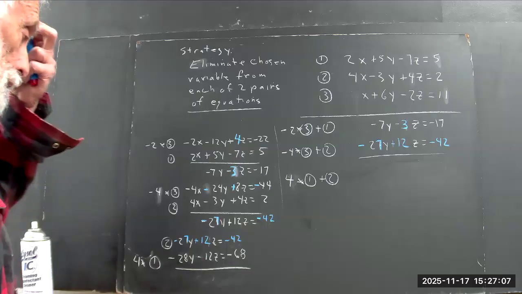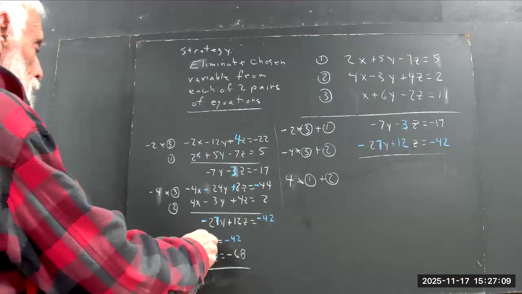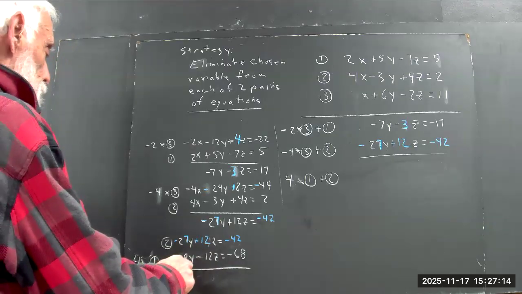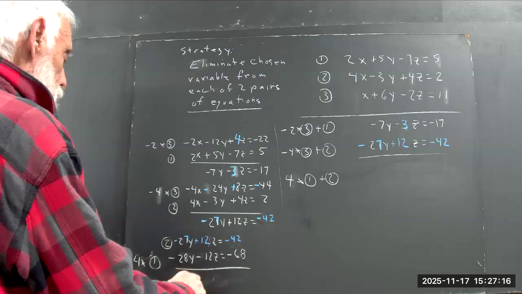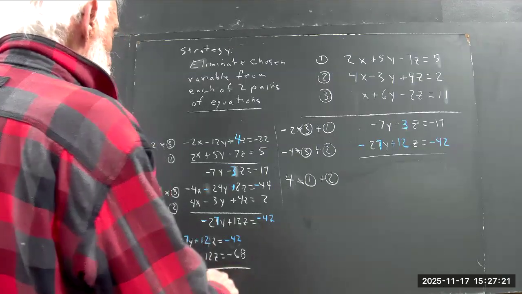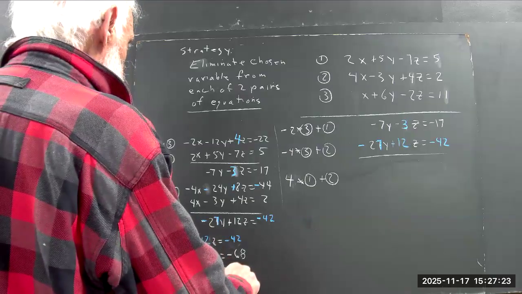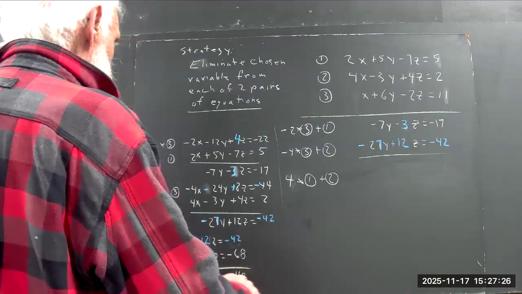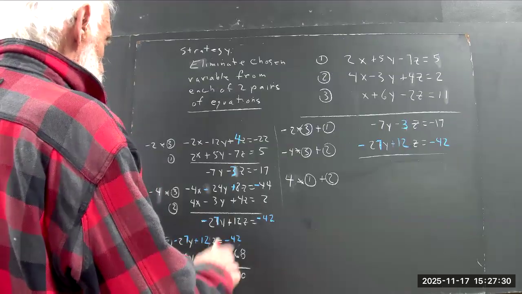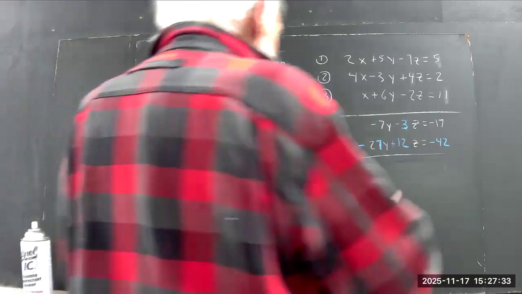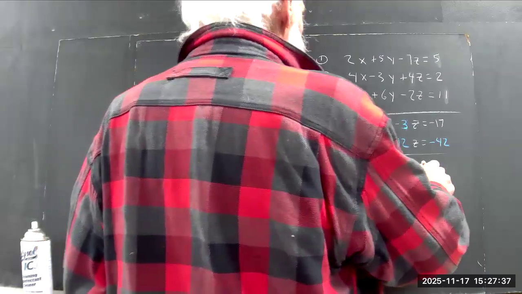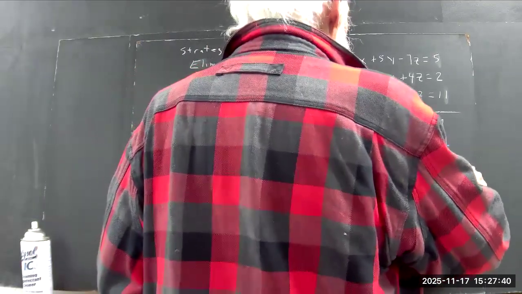Okay, these numbers are kind of big. They're not all that encouraging, but 12z minus 12z is going to give us 0. -27 and -28 is -55. So we're going to have -55y. -42 and -68 is -110. So I'm going to get -55y equals -110.